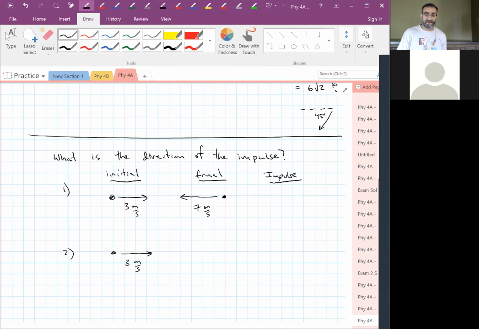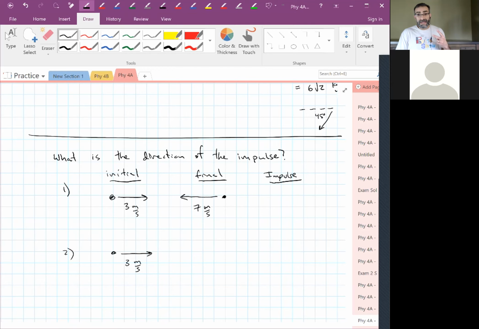Correct. The vector is momentum, which is mass times velocity, mv. We're looking for the direction of the impulse.